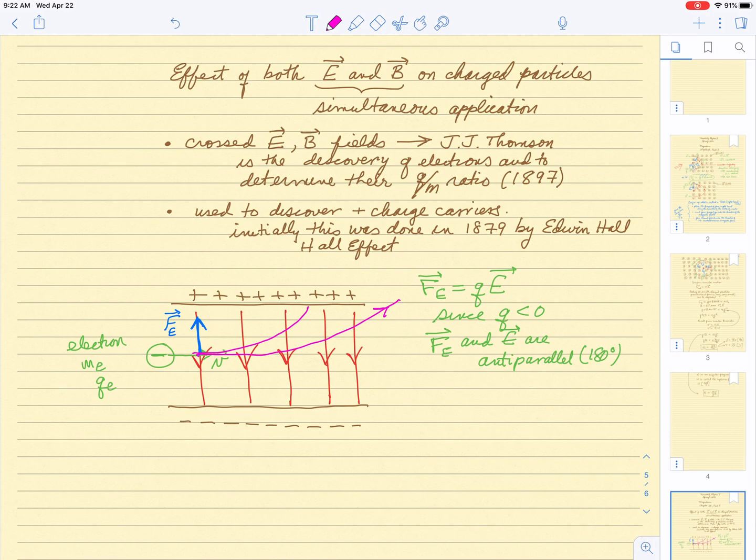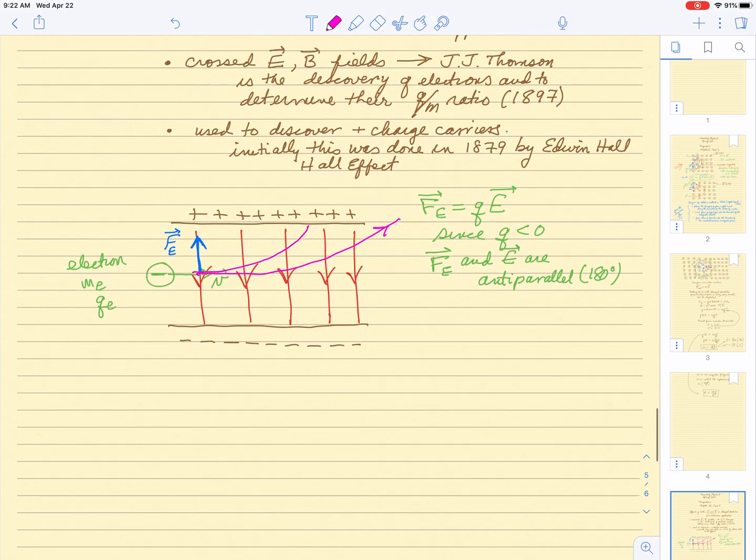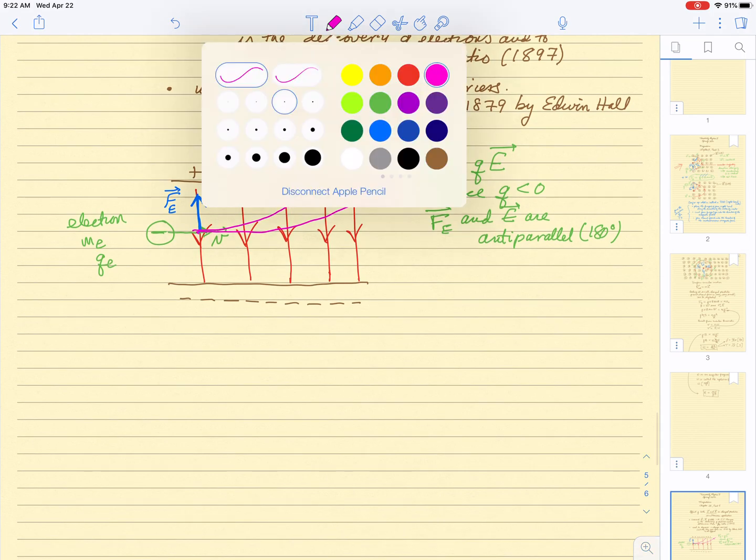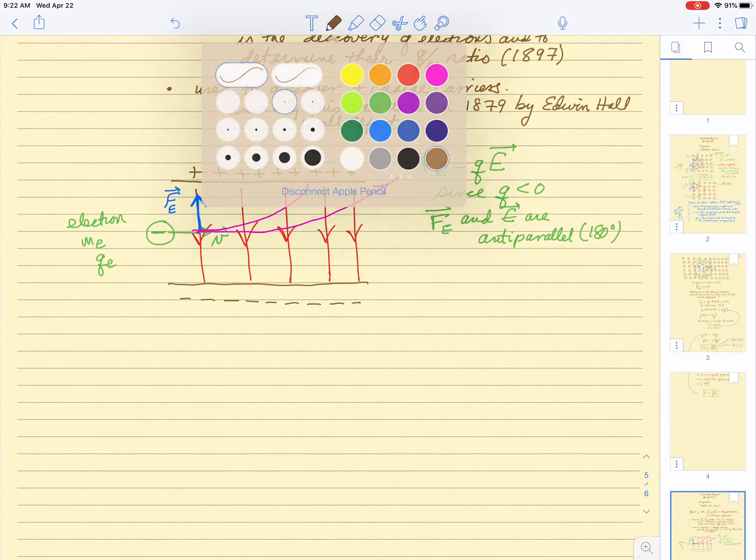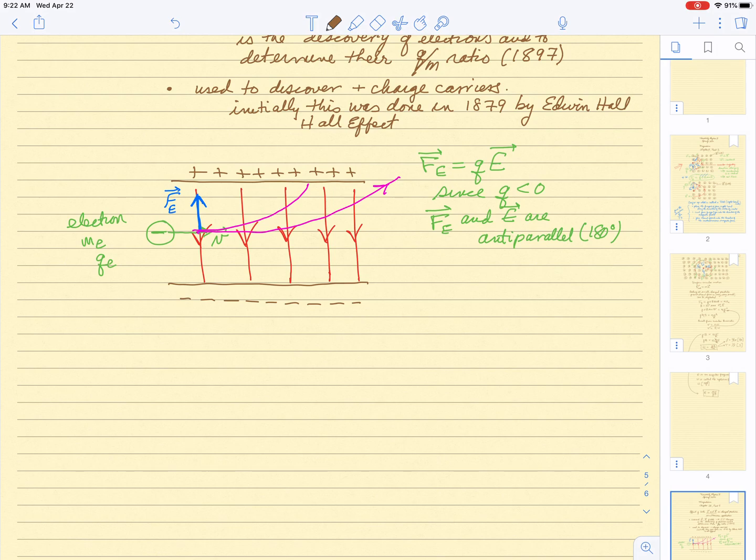So that's a problem that we fairly well understand. Okay, and we already went through the charged entity in a magnetic field. That's pretty fresh in your mind.